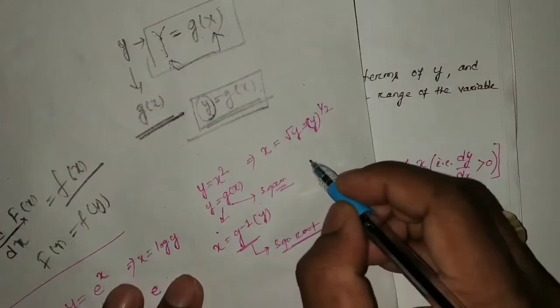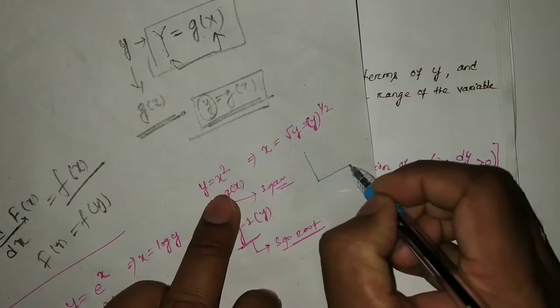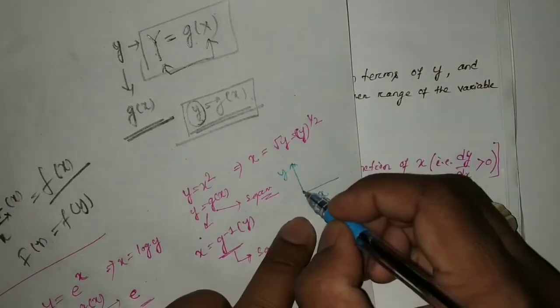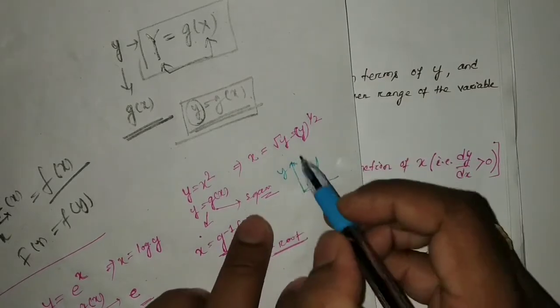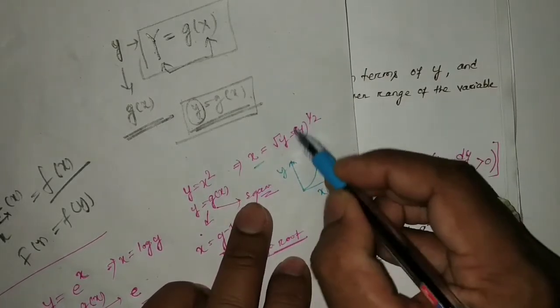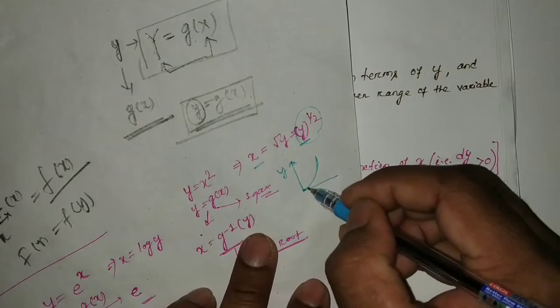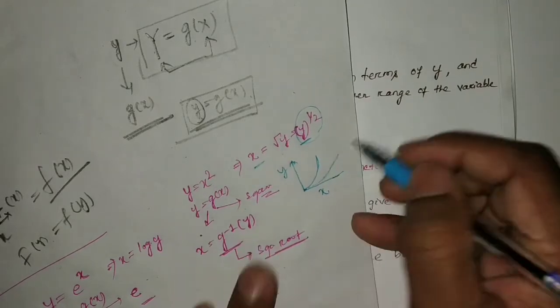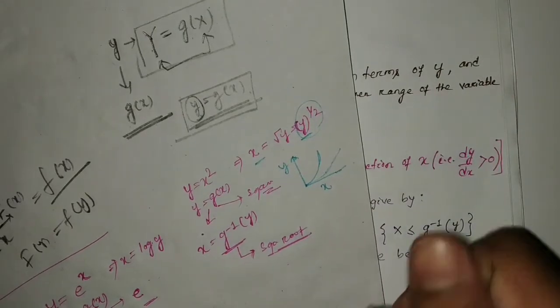that if y equal to x square, and y equal to x square is a monotonic increasing function, then x equal to y to the power 1 by 2 is also monotonic increasing, but slowly.